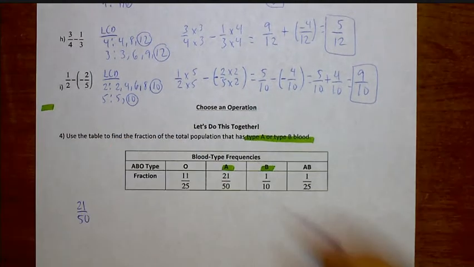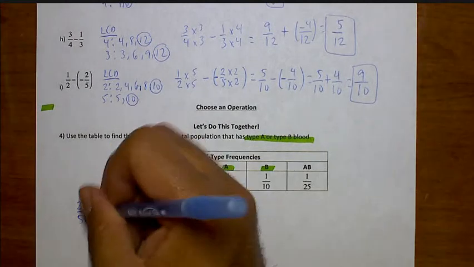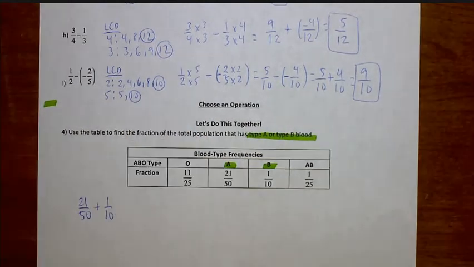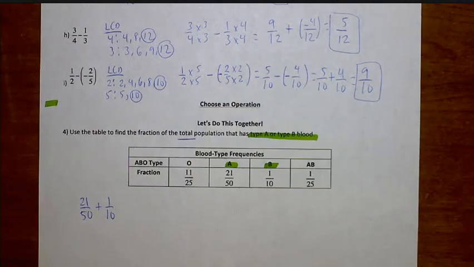This gives us 21 over 50 plus 5 over 50. All right, I have common denominators of 50 and 50, which means I can add my numerators together. 21 plus 5 gives me 26 over 50.